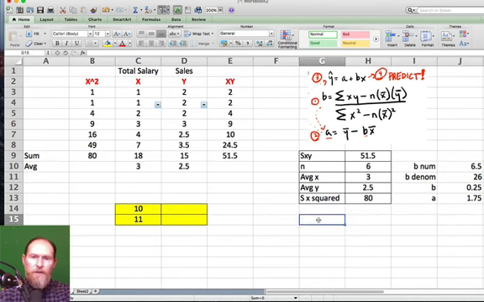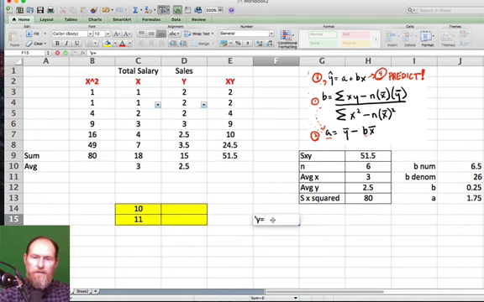So our regression line, y, is equal to the intercept, 1.75, to give ourselves a little space here, plus that slope, 0.25 times x.